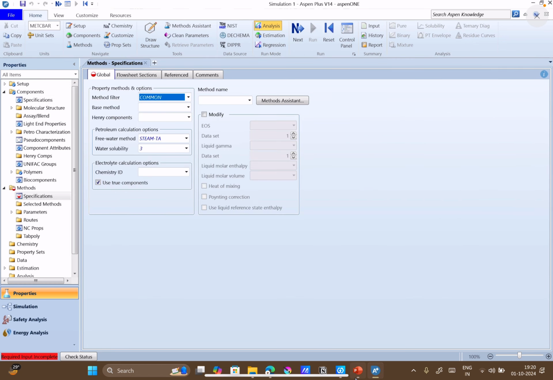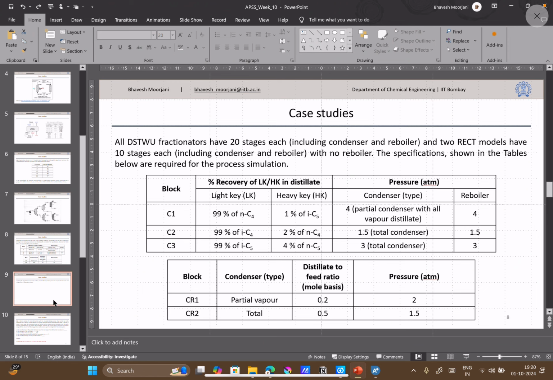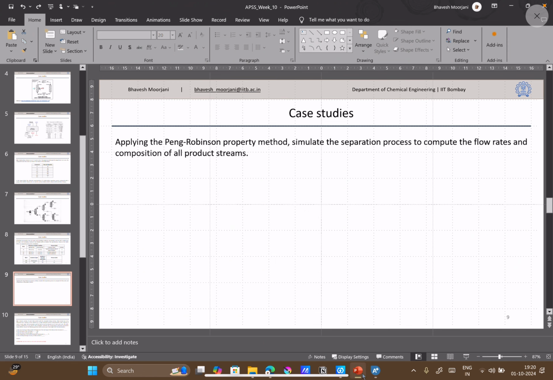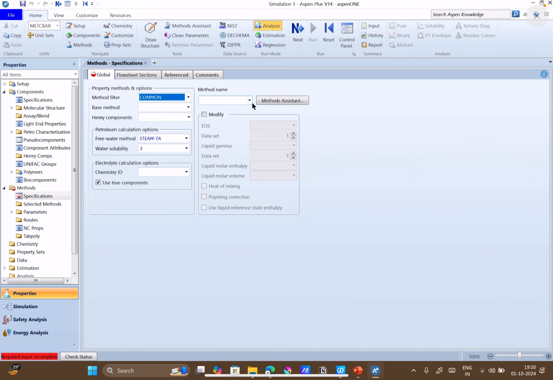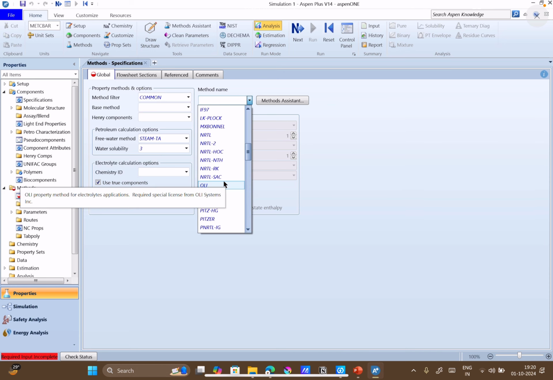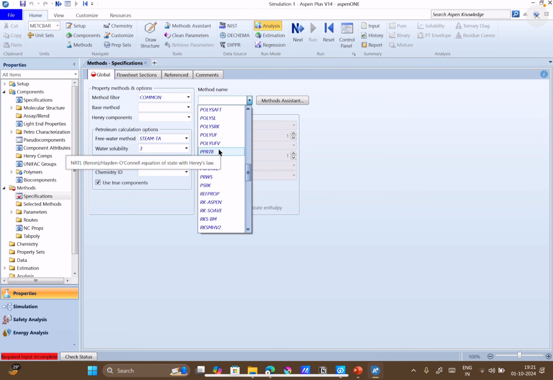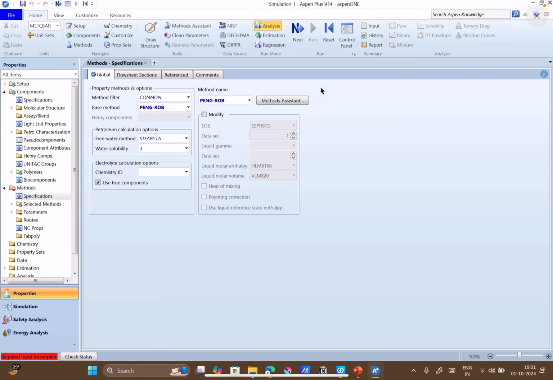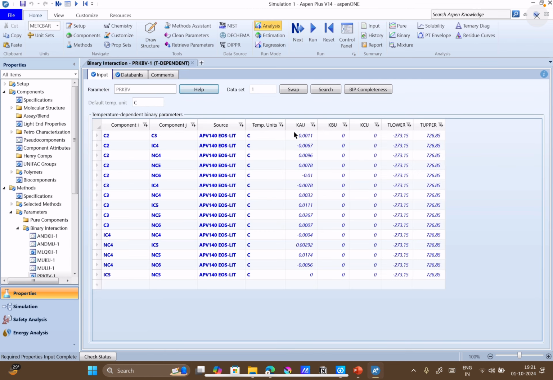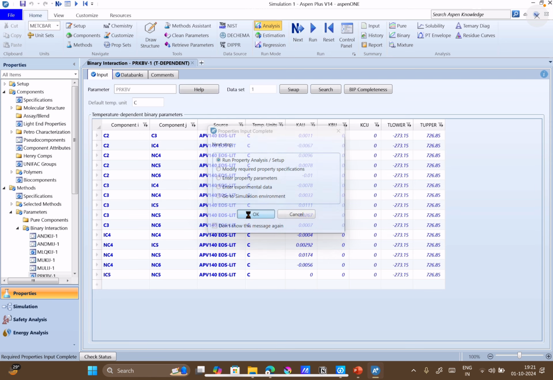Property method has been asked us to use Peng Robinson. Run the analysis.